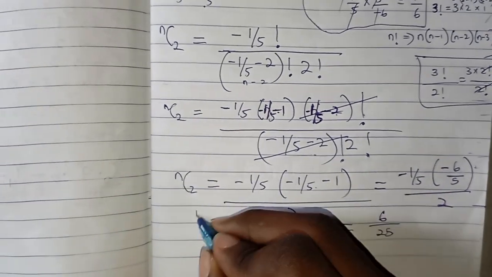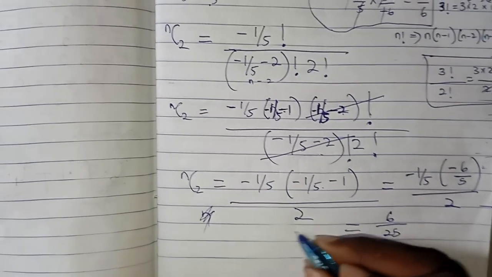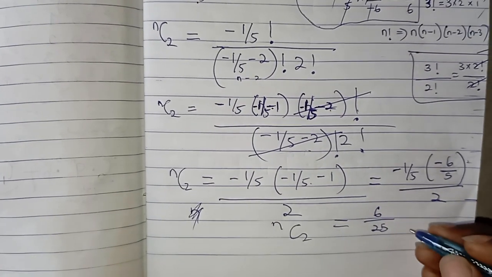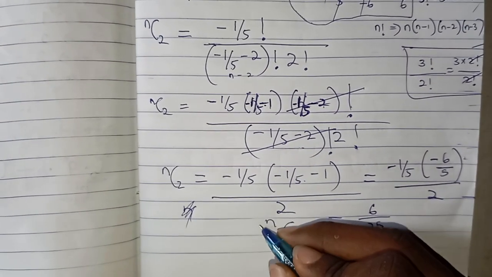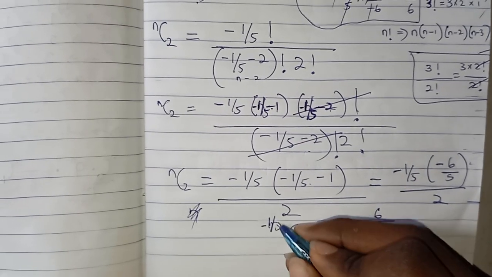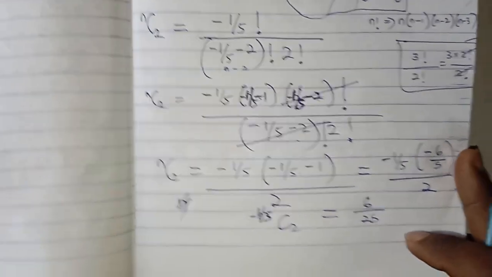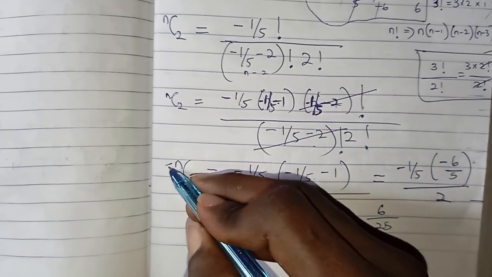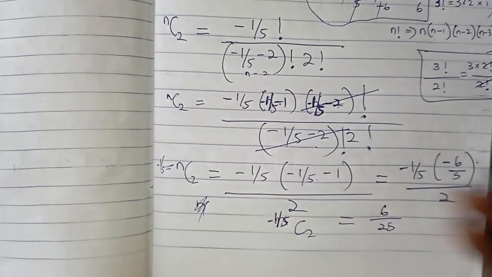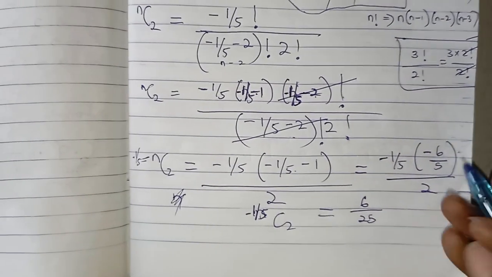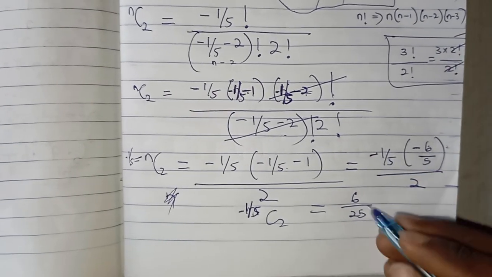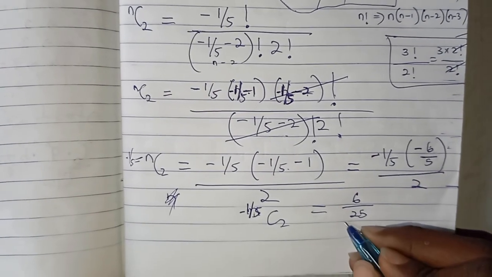n combination 2 is going to be the same thing as saying minus 1 over 5 combination 2. So you don't get confused, n here is minus 1 over 5. So 6 over 25, that is times over 25. Then it is being divided by 2.